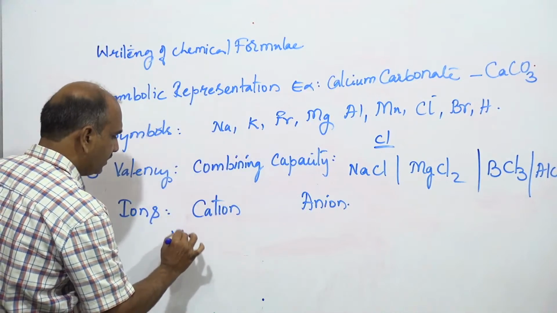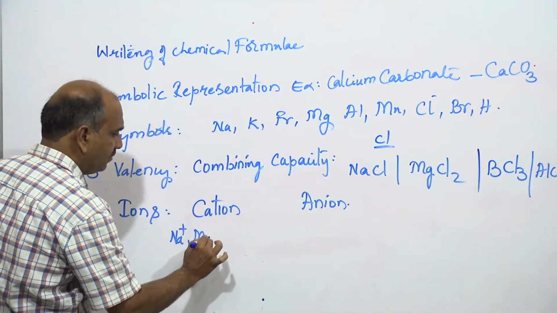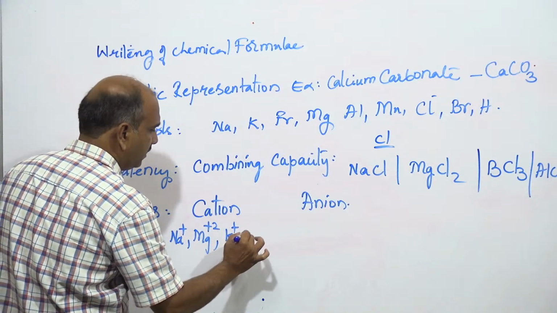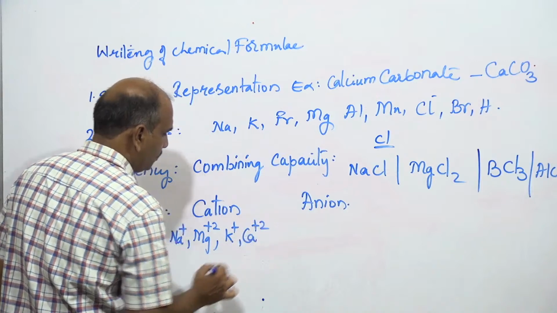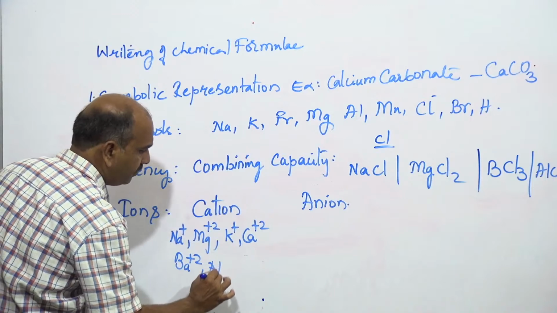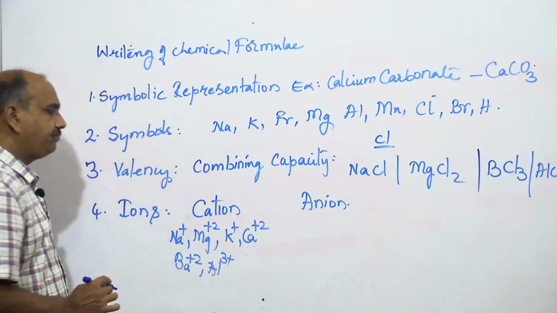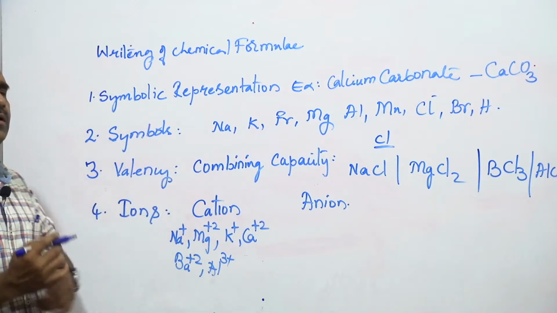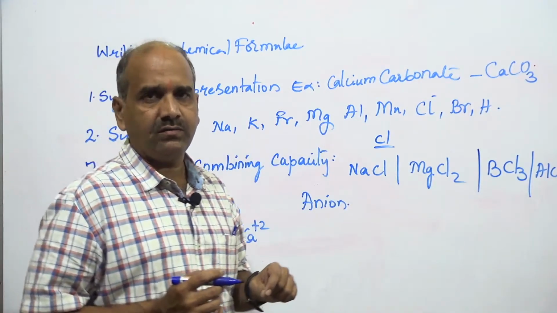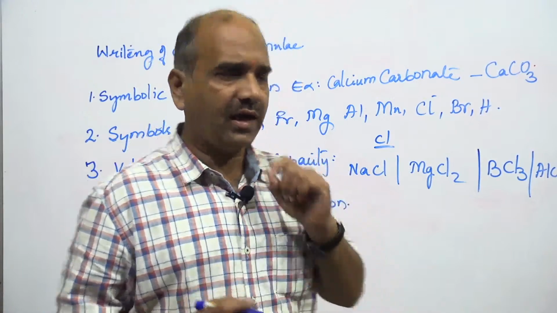Sodium Na+, magnesium Mg2+, potassium K+, calcium Ca2+, barium Ba2+, aluminium Al3+. These are all cations, which are positively charged.